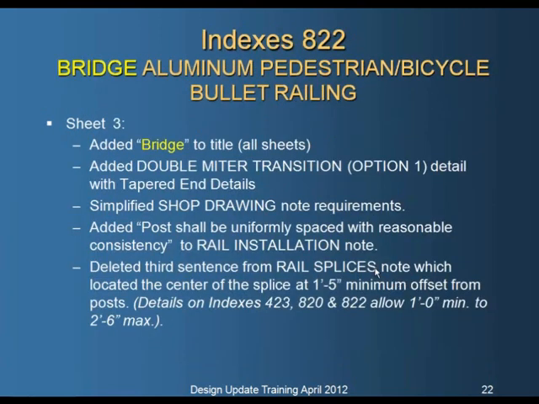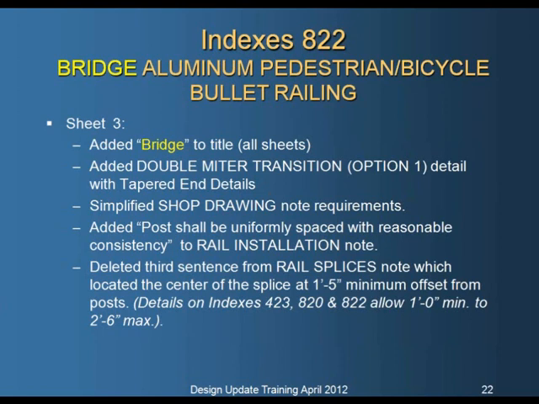The details for the aluminum pedestrian bullet railing, we've made a significant number of changes to sheet 3. We've added another option for fabricators to construct the tapered end transition, and I'll have a slide on that next. We've also simplified the shop drawing note where you have straight bridges.